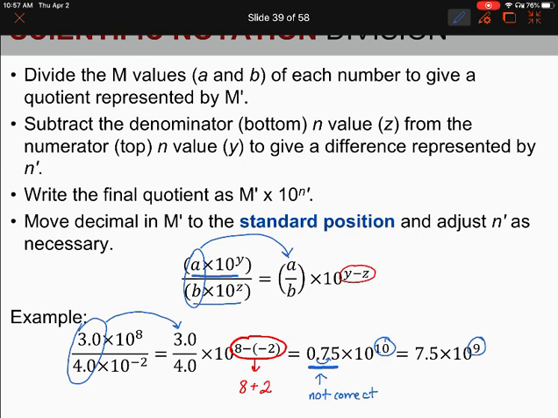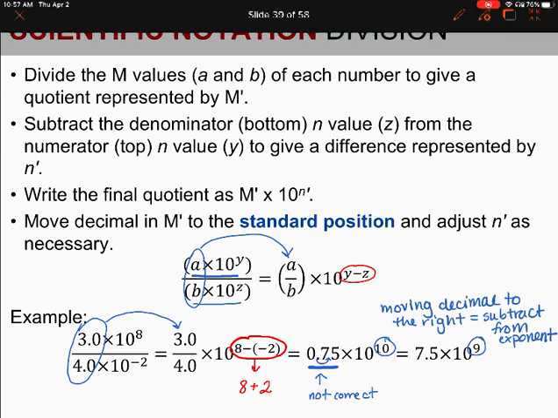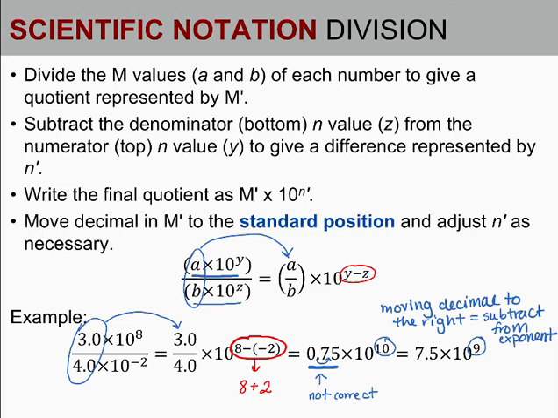And then in this example, moving the decimal to the right means that we subtract from the exponent, so 10 became 9. So just a couple of rules there that can be helpful. But we always want to make sure that our coefficient is between 1 and 10, and sometimes that means adjusting the power of 10 as well.